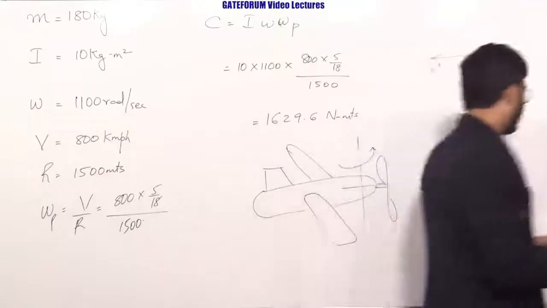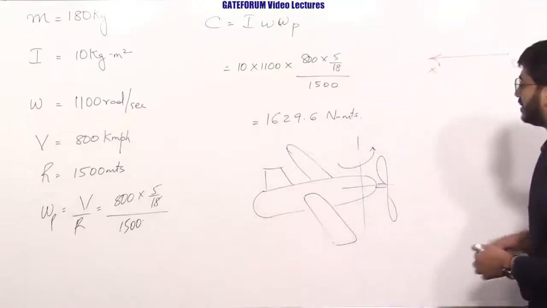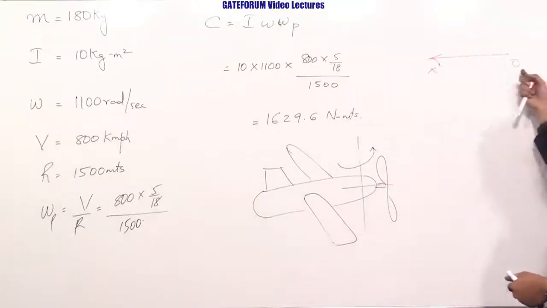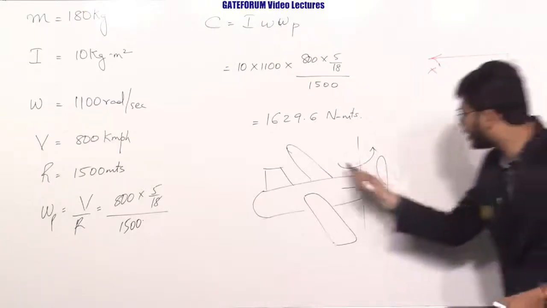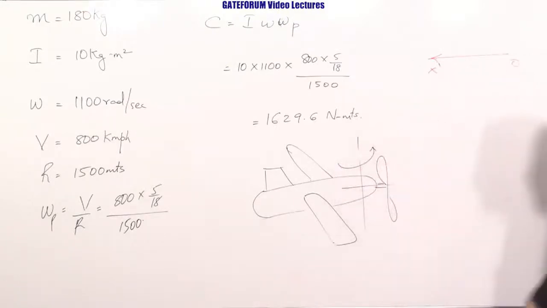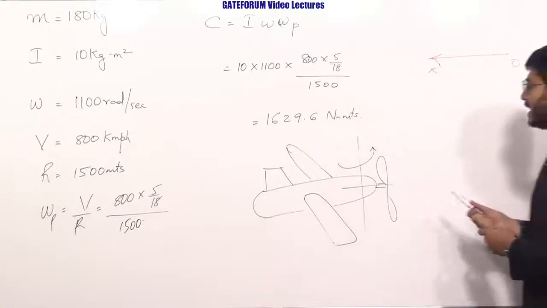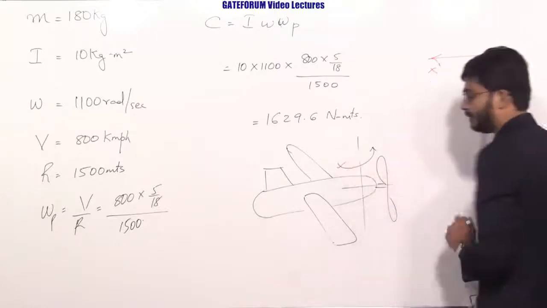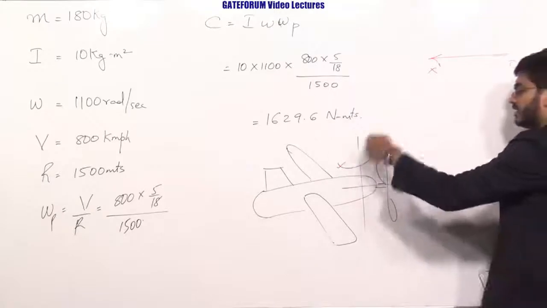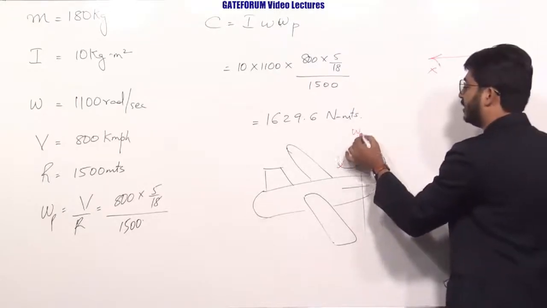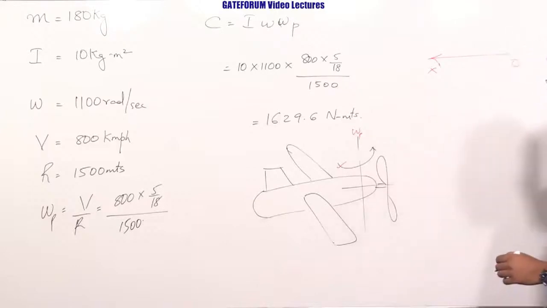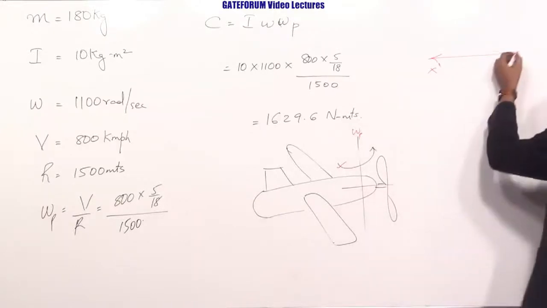Now rotate this vector OX in the direction of omega p, the velocity of precession, by 90 degrees.